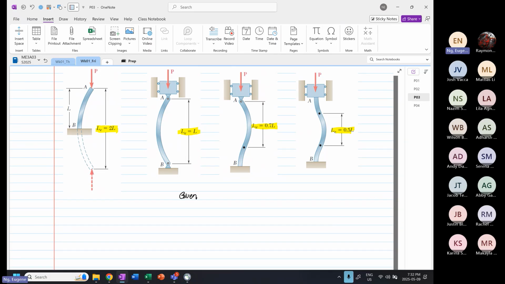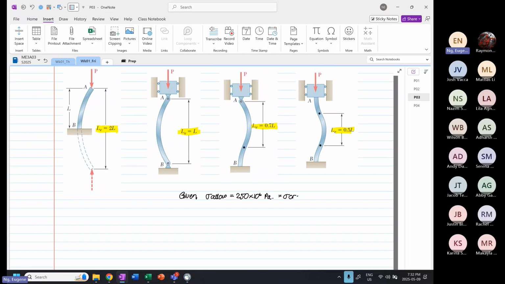For all situations given, the stress allowable will be equal to 250 times 10 to the power 6 Pascal, and this is also equal to our stress critical.